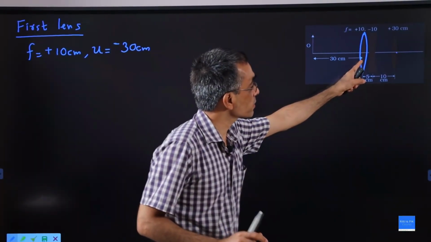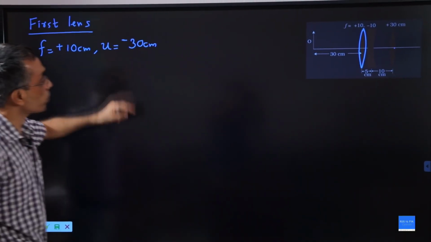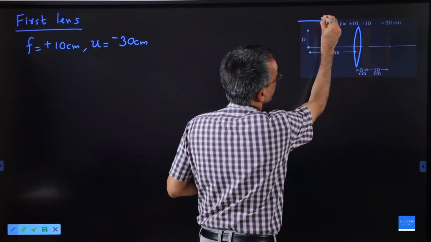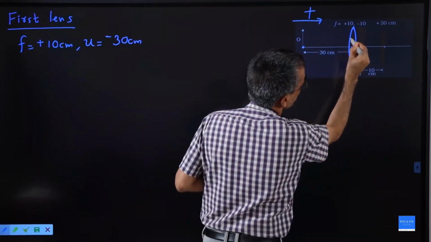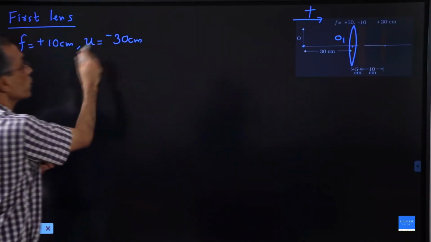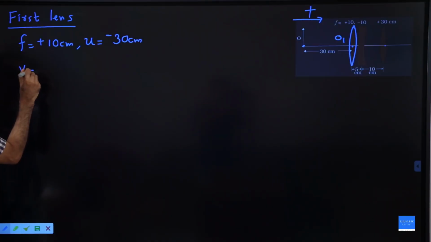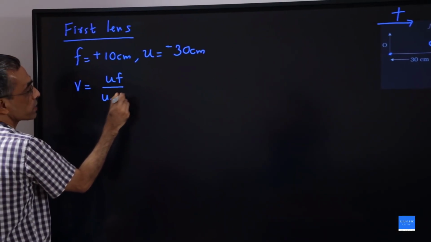For the first lens, focal length is 10 centimeter, object is here, light goes in this direction, that is positive direction, so measurement must be from here. This is what we call optical center 1, O1. Measurement is towards the left side, so u equal to minus 30. Let us calculate the image distance using the shortcut equation v equal to uf divided by u plus f.